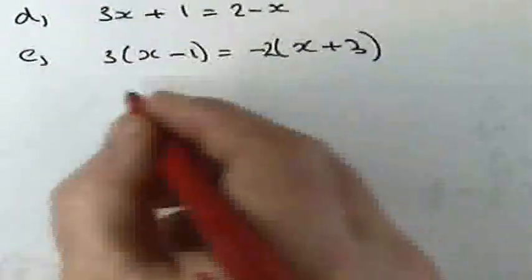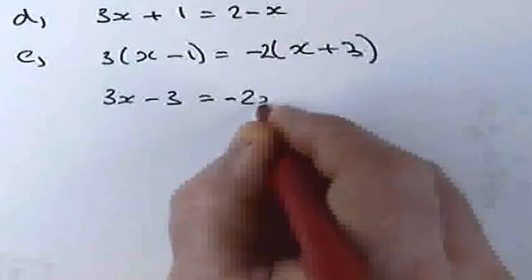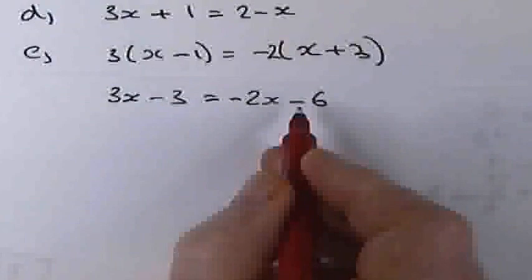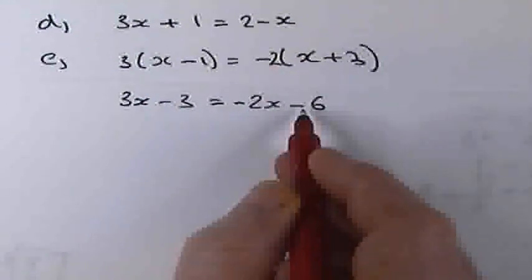And finally, E, a bit more of a challenge. Got to expand the bracket first carefully, avoiding crocodiles. There it is. That's the mistake that quite a few of you have made, I expect. Hopefully you haven't. Negative 2 times by 3 is negative 6.